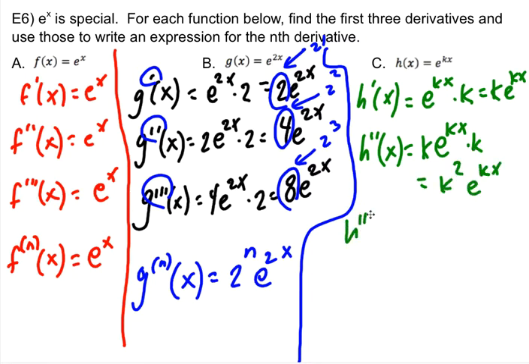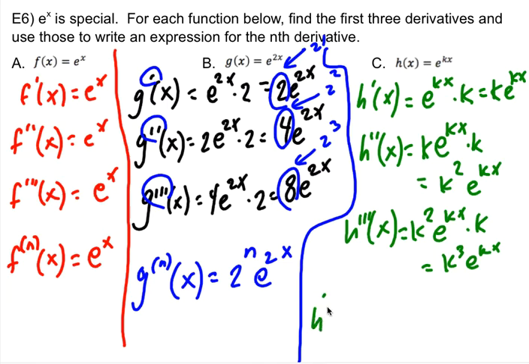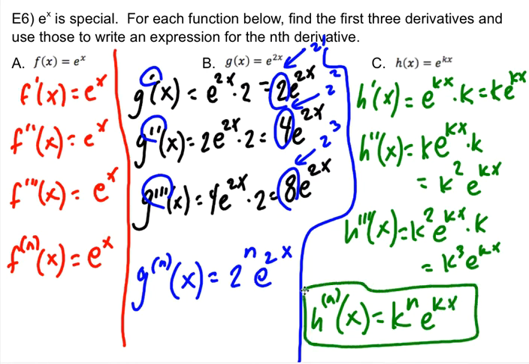If I differentiate again, there's already a k squared in front. When I differentiate e to the kx, I get e to the kx times k, and oh look, it's k cubed e to the kx. Well, that means that the nth derivative of h would be k to the n e to the kx.